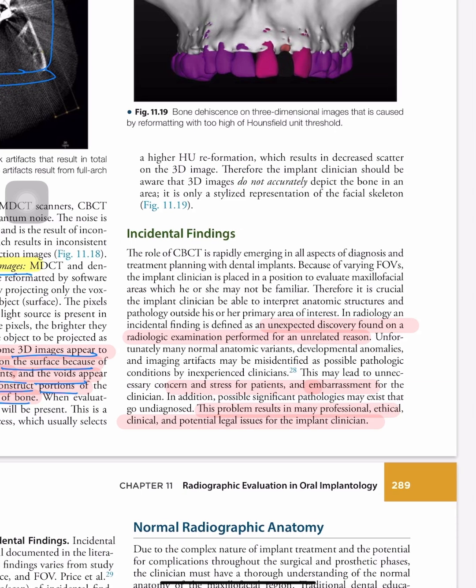Now we'll come to incidental findings. You asked your patient to get a CBCT done for implant planning or endodontic evaluation, but during the course of this imaging, you discover some pathology which might be serious or might not be that serious, but it can cause certain psychological discomfort to the patient. The patient might get scared of that pathology, or might get embarrassed by it.